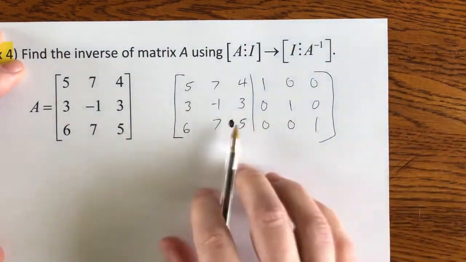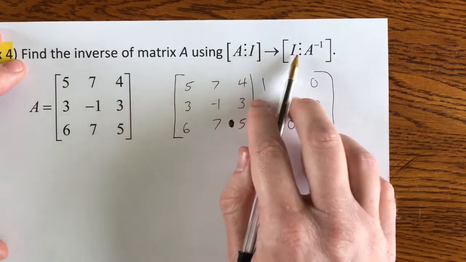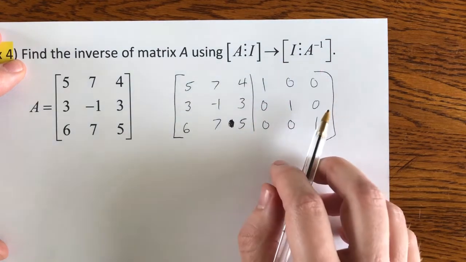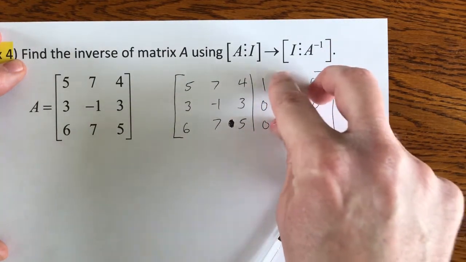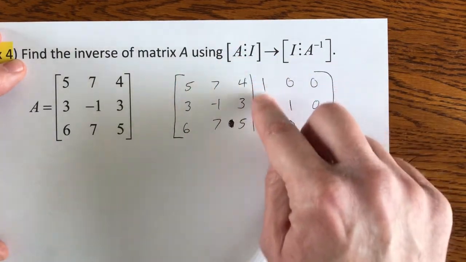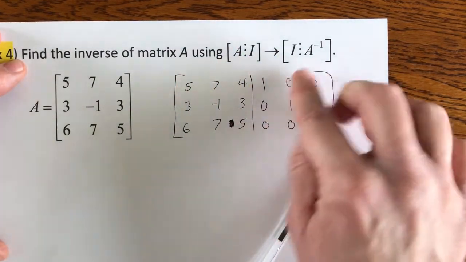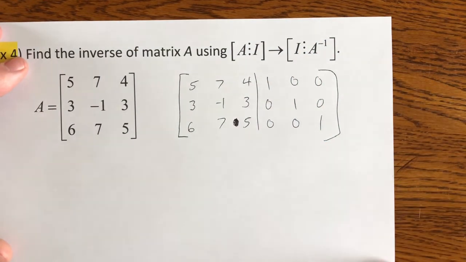And then I'd be using Gauss-Jordan elimination method to yield this new matrix, where again, this entire identity matrix would move from the back to the front, and whatever I ended up with here in this 3x3 area would be representative of my A inverse. So let me actually show you all the work involved with this.